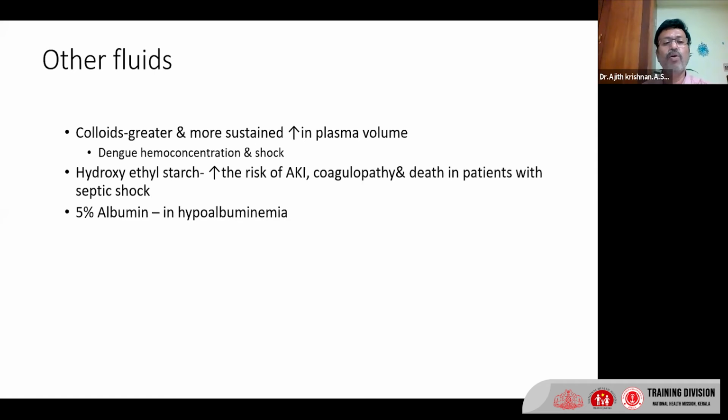Colloids are only used in dengue hemoconcentration and shock, in dengue hemorrhagic fever grade 3 or 4, after 1 or 2 boluses of crystalloids. So in the usual condition, there is no role for colloids. That is what I want to highlight. Hydroxyethyl starch, 5% albumin, all these colloids only in situations where they are definitely needed. Usually you will go for crystalloids only, that is normal saline or Ringer lactate.